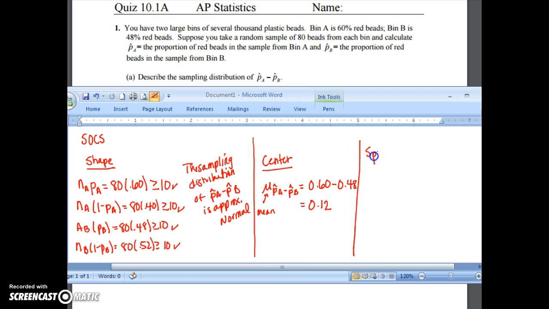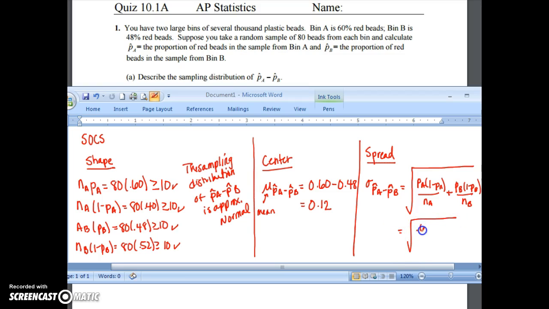And then the last one is the spread. If you want to know the spread, the standard deviation of bin A minus bin B, you have to take the square root of the sum of their variances. So if you're looking at the formula, this is what it would look like. There's the variance for bin A. This would be the variance for bin B, and then you take the square root.